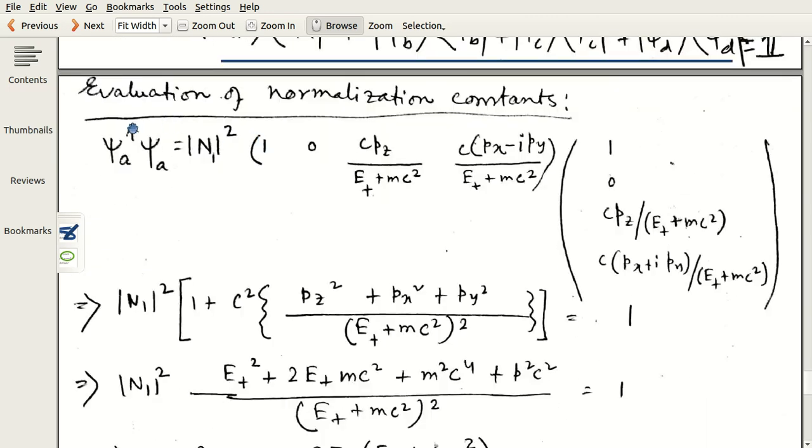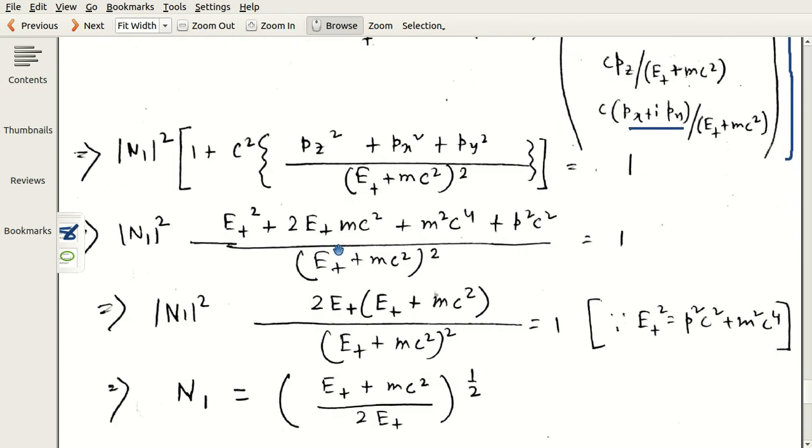We proceed to estimate the normalization constant by calculating the term psi a dagger psi a, and we have written the form of psi a here. You check that it is px plus i py. So when you calculate psi a dagger, you write it px minus i py. Be careful on that, and then just proceed in the usual way.